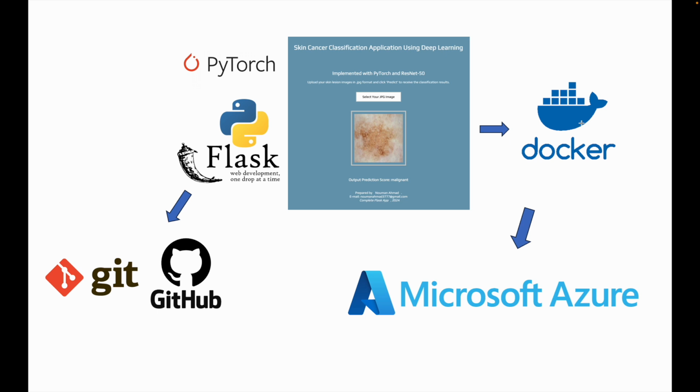We created a Docker image and pushed it to Docker Hub. Once the image is pushed to Docker Hub, we deploy it into Microsoft Azure from Docker Hub. I hope this project helps you understand the concepts of Docker Hub, Git, and Microsoft Azure.